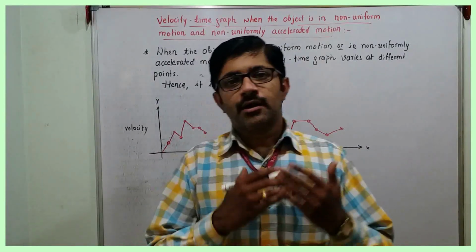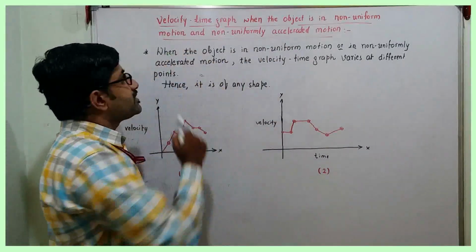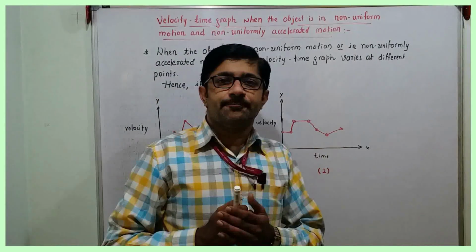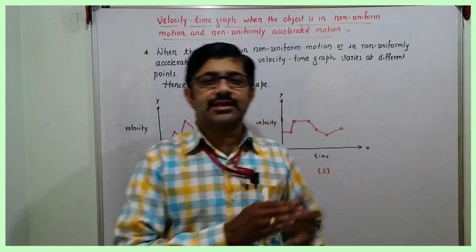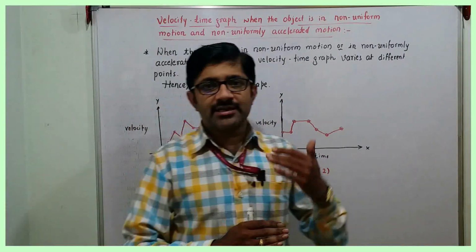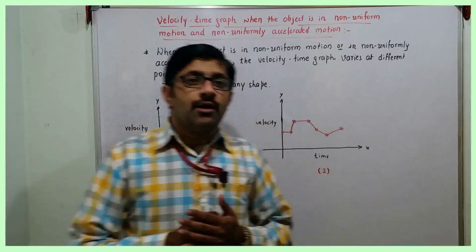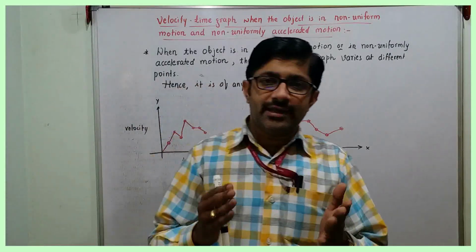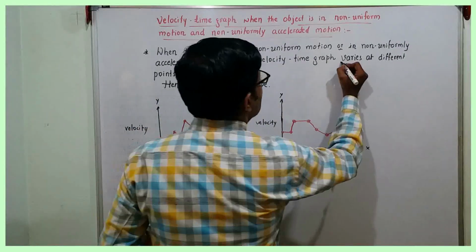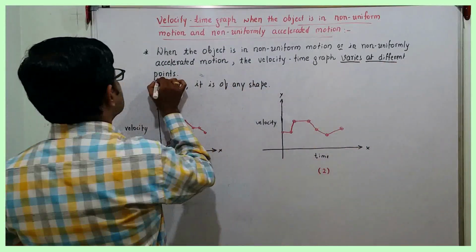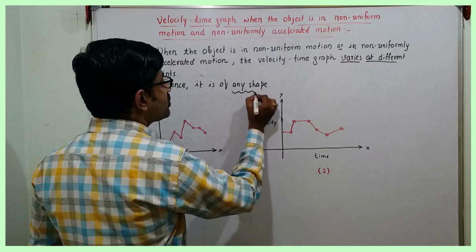And also we are plotting some graphs in this session of the video lecture. Let us understand the velocity time graph when the object is in non-uniform motion or non-uniformly accelerated motion. When the object is in such a situation, the velocity time graph varies at different points, and hence it is of any shape.